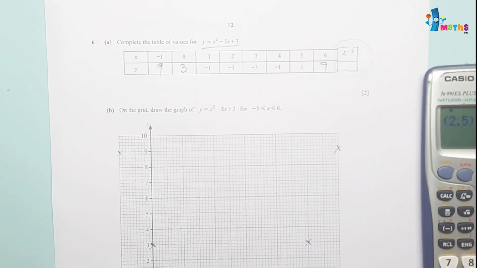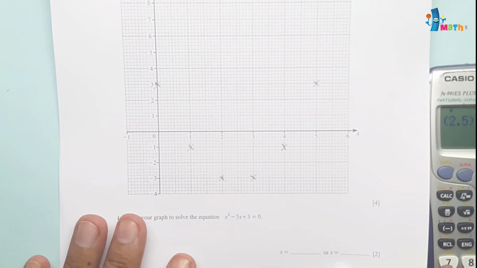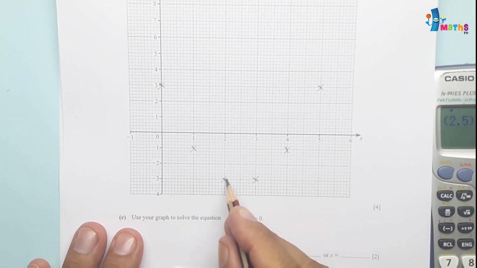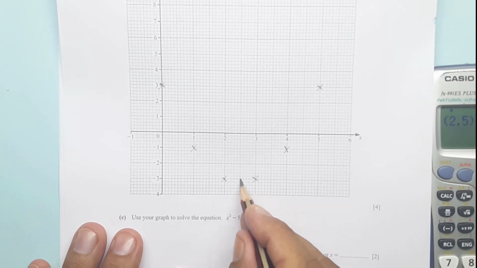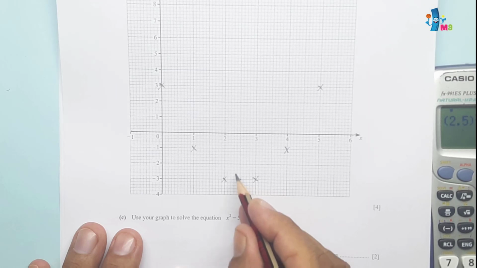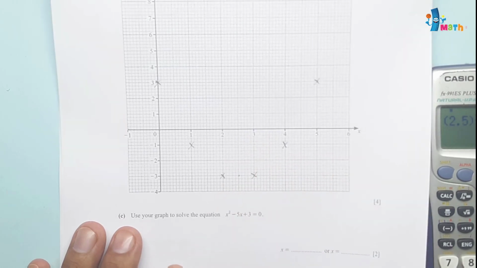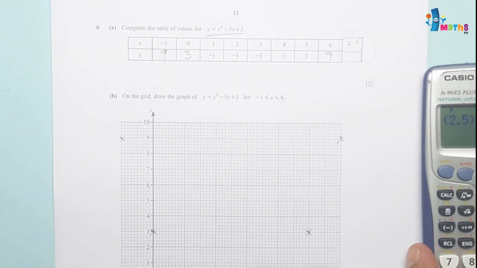Just to ensure that your graph will be smoother, you can check this middle point. Because at this point it is not clear whether we should go down or draw this line straight, so we have double checked. We have taken this value 2.5, and we will check from here.